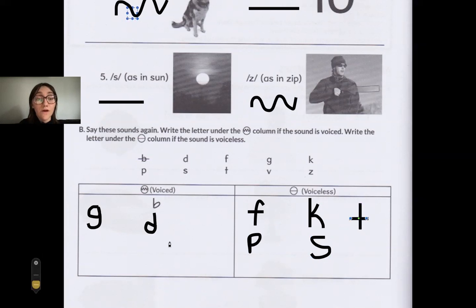Now let's do V. That one's voiced, right? You feel the vibration. What about Z? Zzz, that's a vibration, so it's voiced. So B, G, D, V, Z: feel the vibration. F, K, T, P, S: so quiet, right? No vibration.